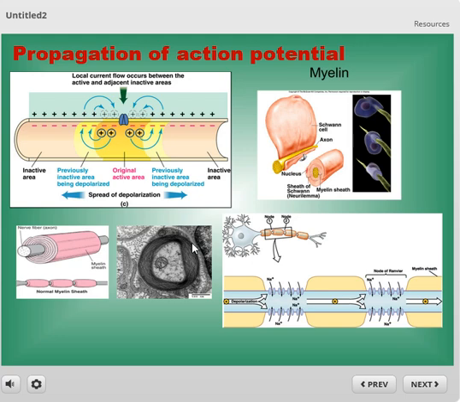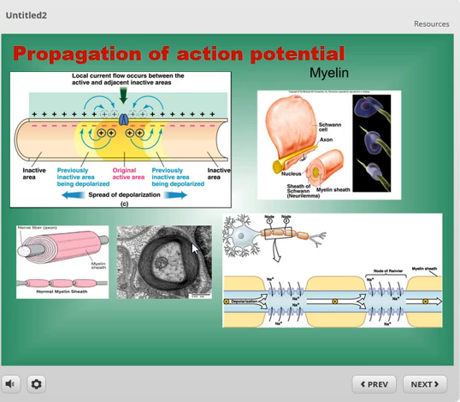But in the myelinated axon, the action potential jumps from one node of Ranvier, the gaps in the myelin sheath, to another. This type of conduction is called saltatory conduction.